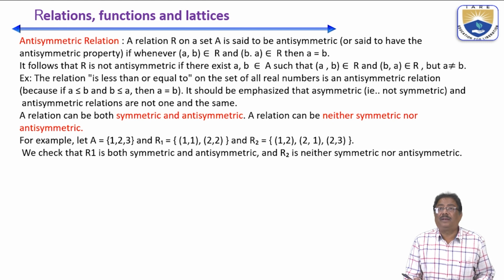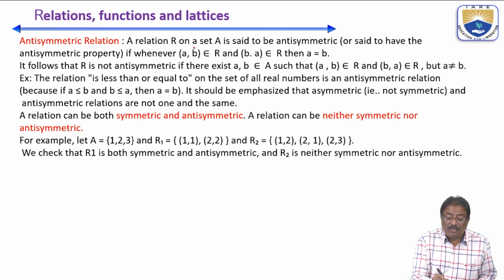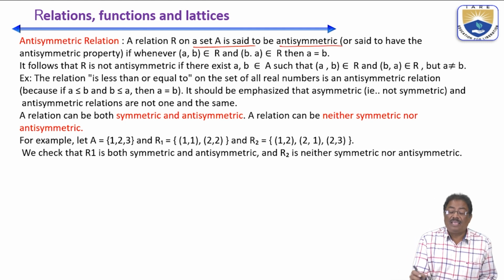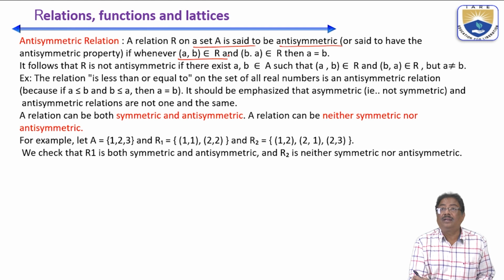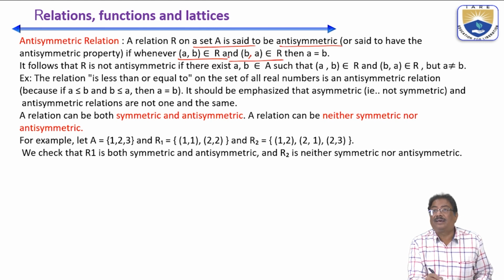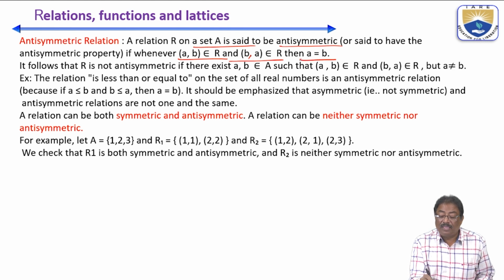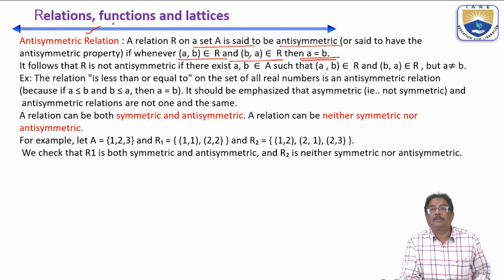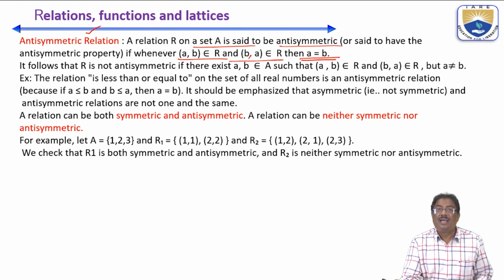And next, antisymmetric. A relation R on set A is said to be antisymmetric if whenever (a, b) belongs to R and (b, a) belongs to R, then a = b. That means whenever a related to b is there and b related to a is there, then if they are equal, we can say that the relation is known as antisymmetric.